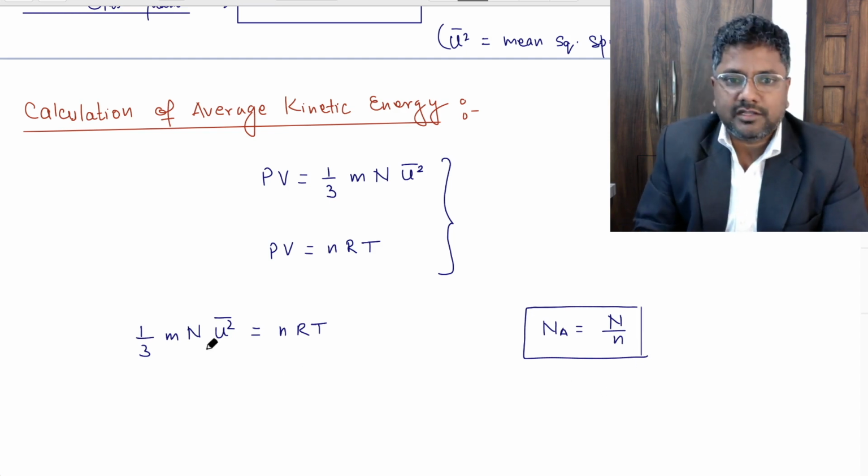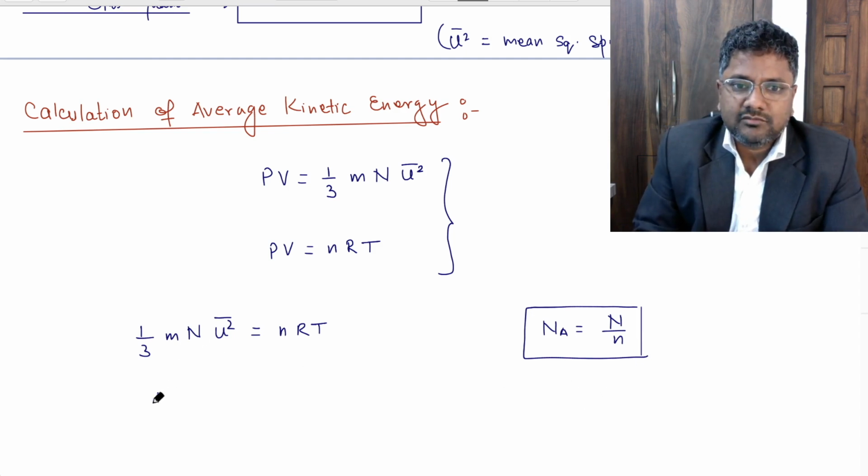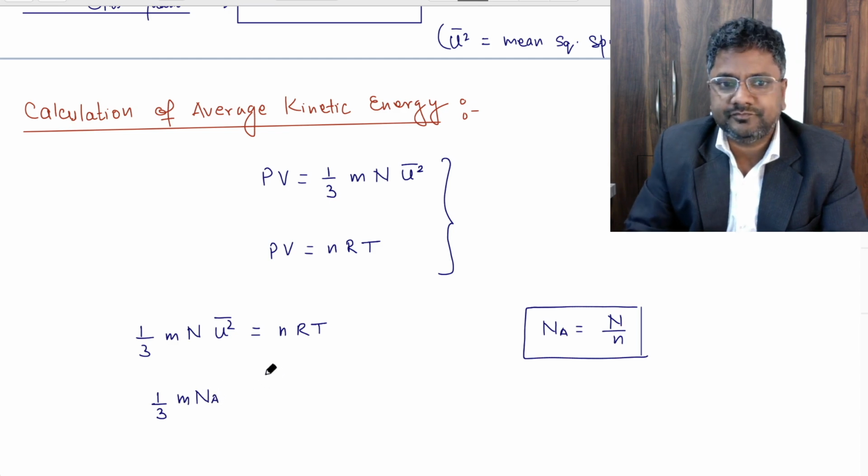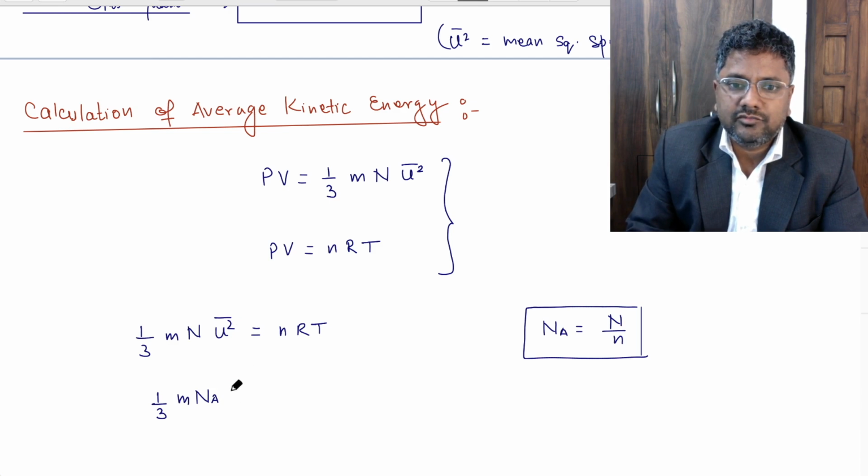So you can write here 1 by 3 m Na u bar square is equal to RT.